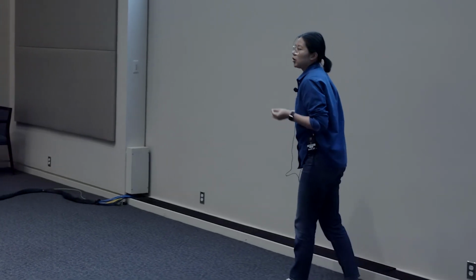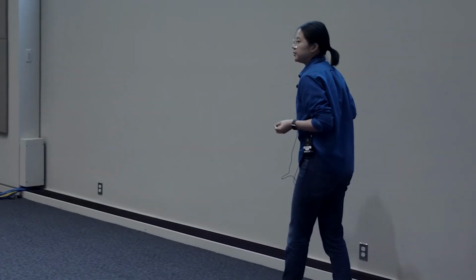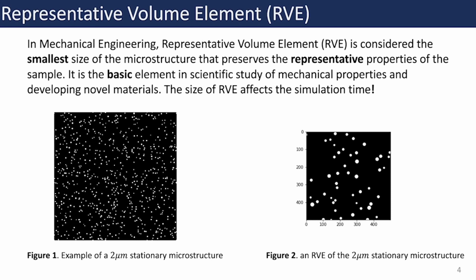And not only is RVE important, the size of the RVE is also important. Why? Because it affects your simulation time. In the left image, I'm showing you a 2 micrometer stationary microstructure, and to give you some clue, 2 micrometers is almost the thickness of a spider web strand.